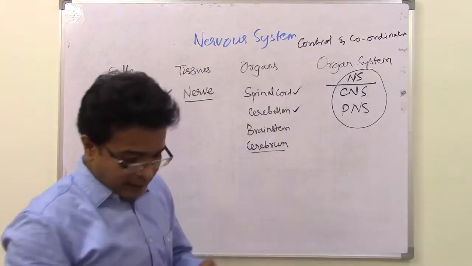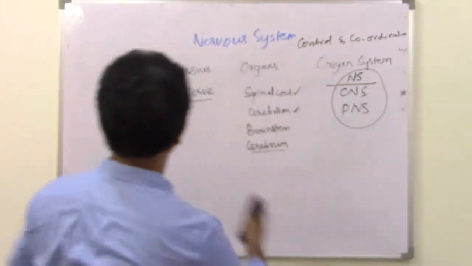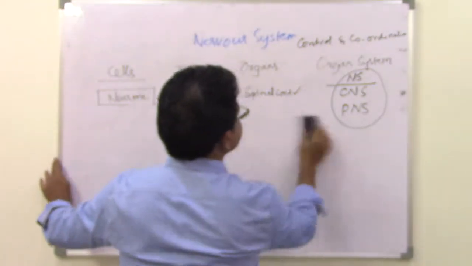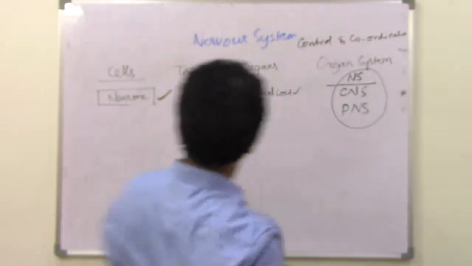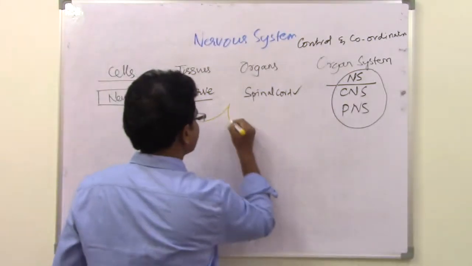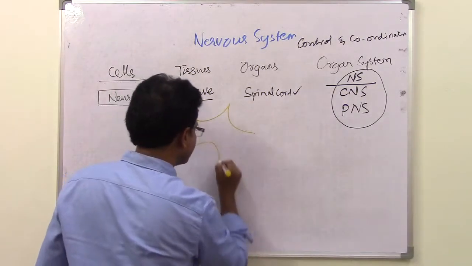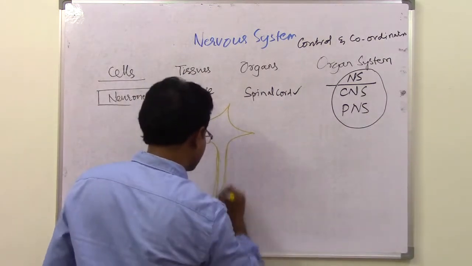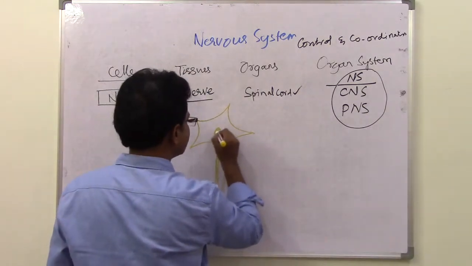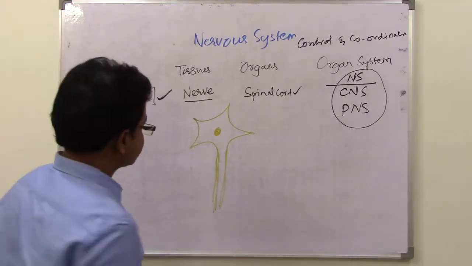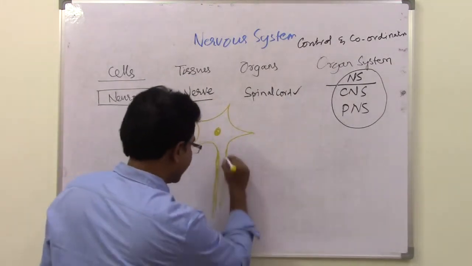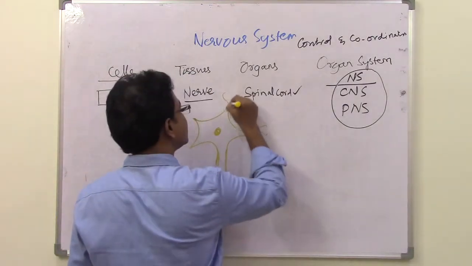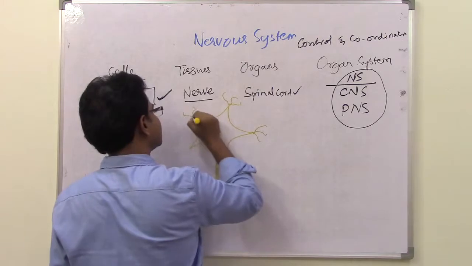Okay, now let's start with the most favorite of the nervous system, that is our neuron. Neuron is the functional unit of the nervous system. So it has got a cell body with a nucleus and it has got an axon, and it also does have dendrites.